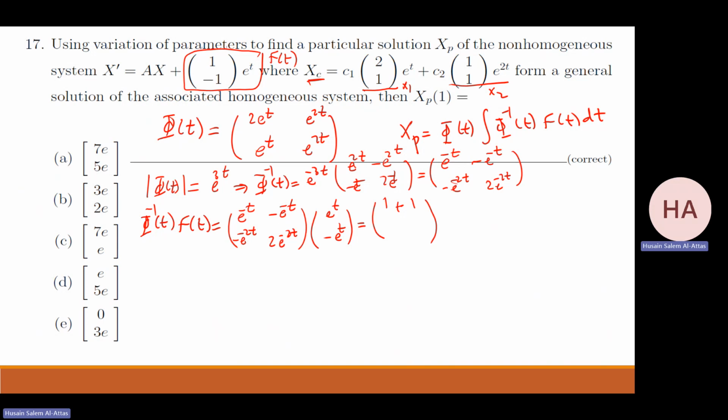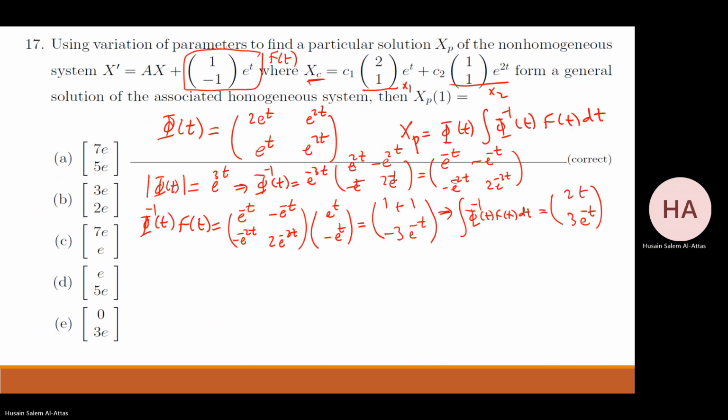And this one will be what? Minus e minus t minus 2. So that gives me minus 3e minus t. Now we need to find the integral of that. It can be done right away: 2t and 3e minus t.